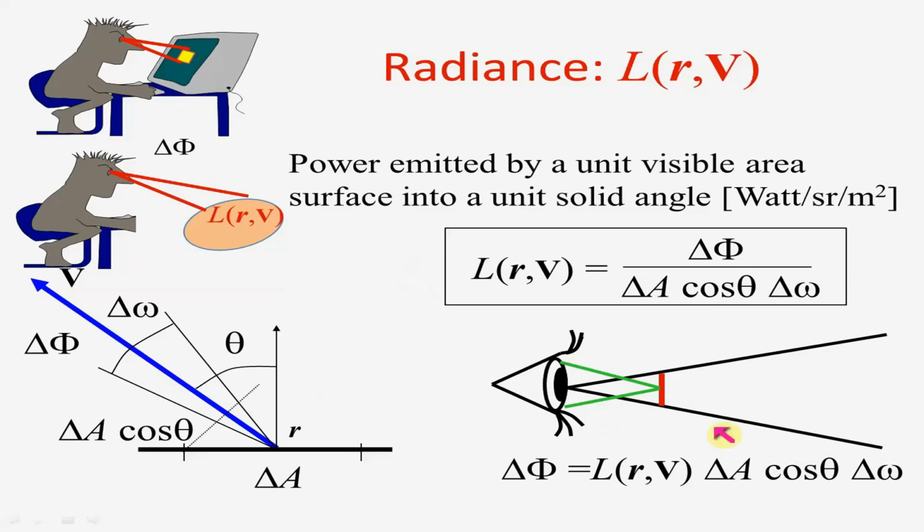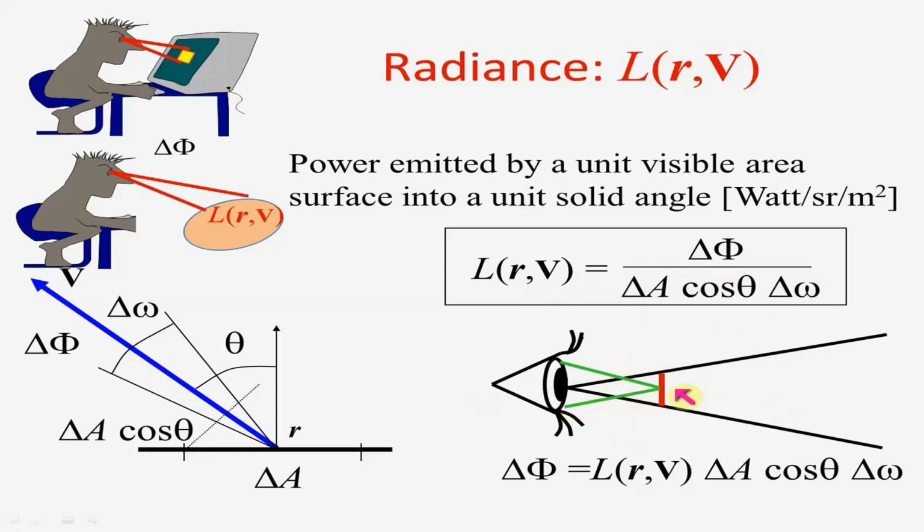So let us compute this power for two surfaces that are seen in the same solid angle and have the same radiance. The formula of the transferred power can be obtained from the definition of the radiance, multiplying both sides by the denominator. So if the surface is closer, then its area is smaller, but the solid angle in which the pupil can be seen from here is larger.